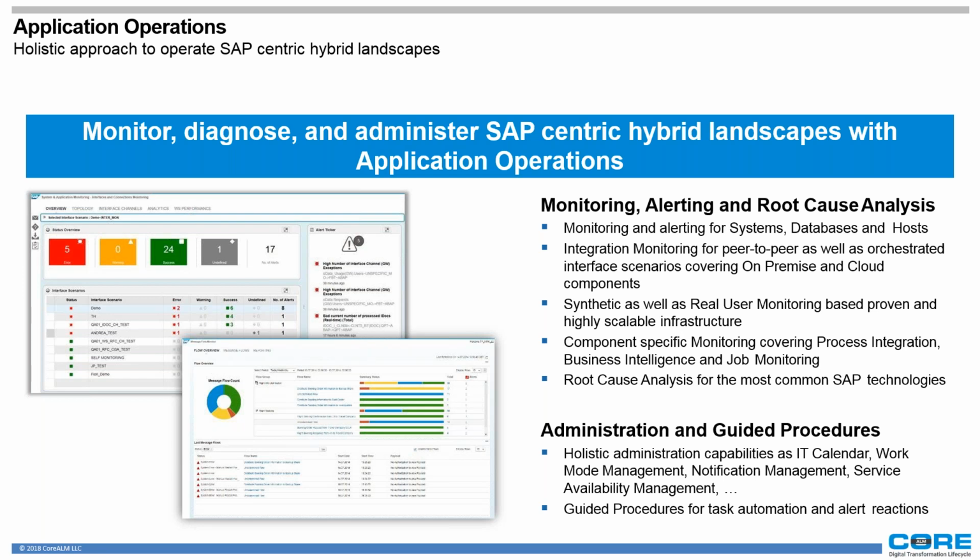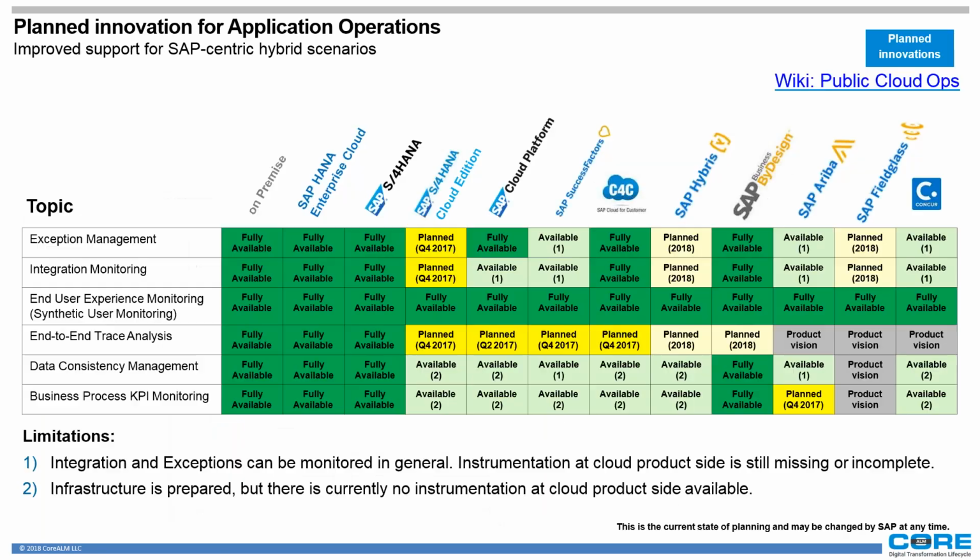But also there are things that you can monitor in terms of interfaces between systems, PI monitoring, BW, HANA specific. You can monitor end user experience, or from the front end perspective, you can monitor different things. So it's really a set of tools that give you a lot of flexibility in terms of monitoring.